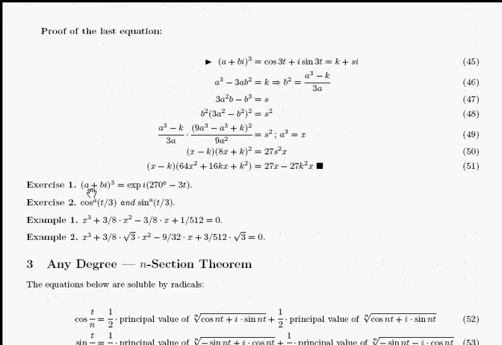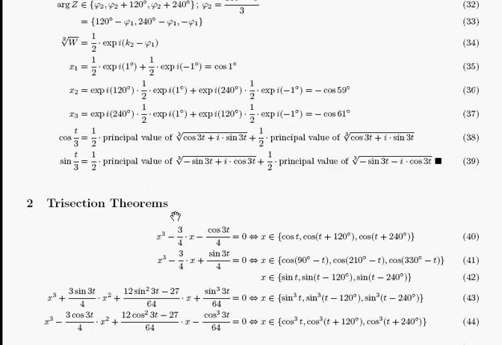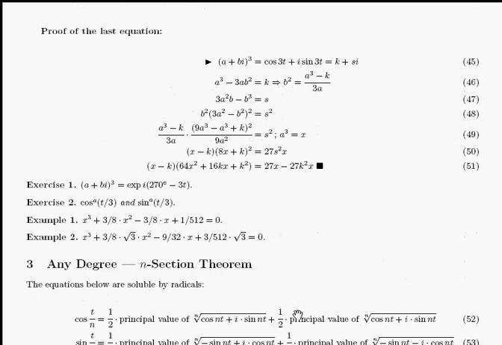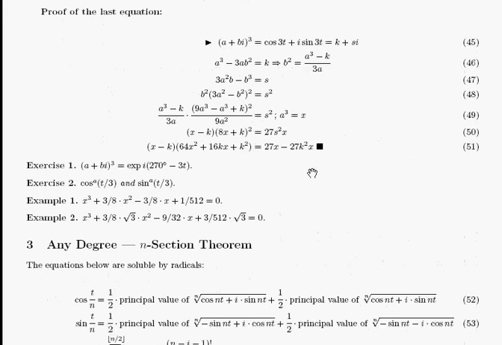Okay, exercise. Do the same for the exponential of I, 270 degrees minus 3t. So you will have a formula for cosine elevated to a of t over 3, sin power to a of t over 3. We choose power 3. How we choose power a? By Girard relations. Example. Here is the example.